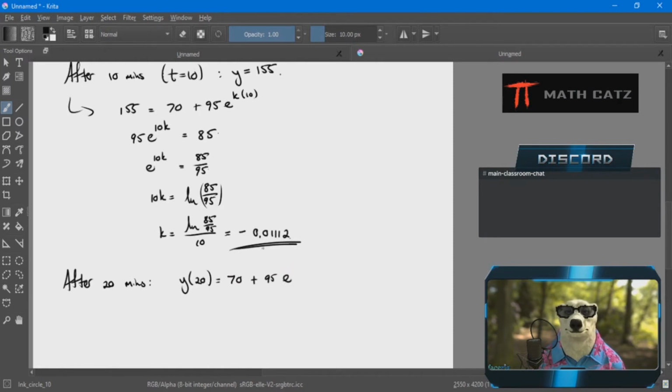Well, you can put the k value in, but because it's a non-terminating decimal number, it might be cleaner to just leave it like that.